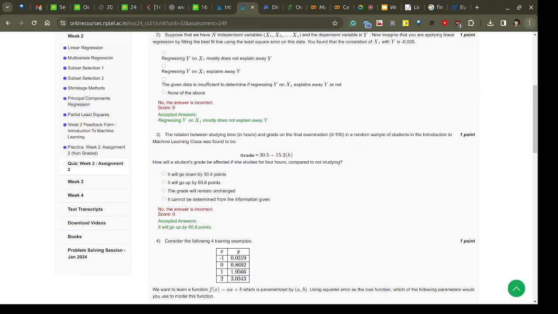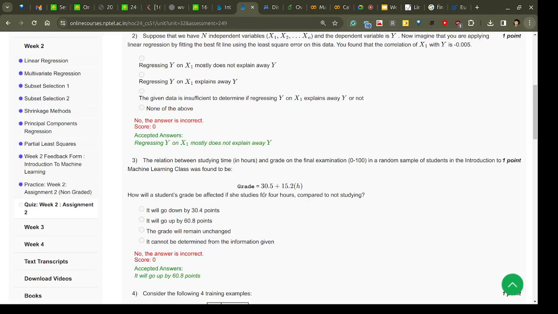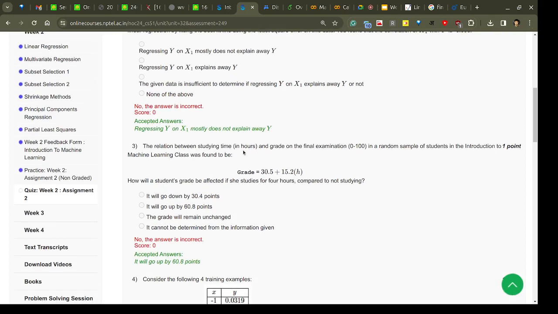So correlation between studying time, someone is studying and the grade is between 0 to 100. So this is the formula, 30.5 plus 15.2. Suppose a student is not studying at all. So what will be his score?